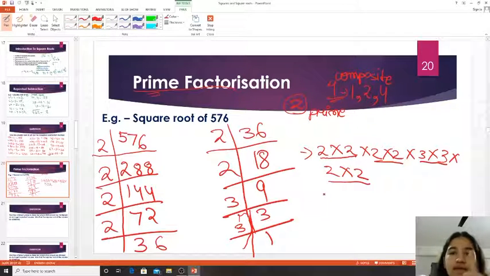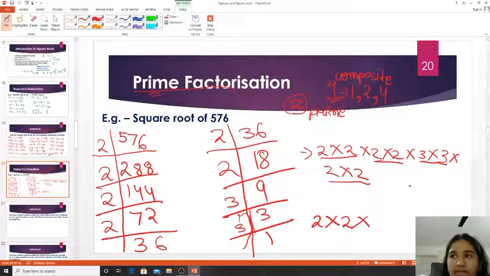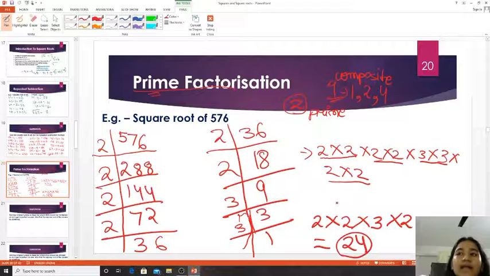From each pair we are going to pick up only one. So we take 2, multiply it, again take 2 and multiply, 3 from here, and multiply. 2 times 2 is 4, 4 times 2 is 8, 8 times 3 is 24. So 24, that implies that the square root of 576 is 24.